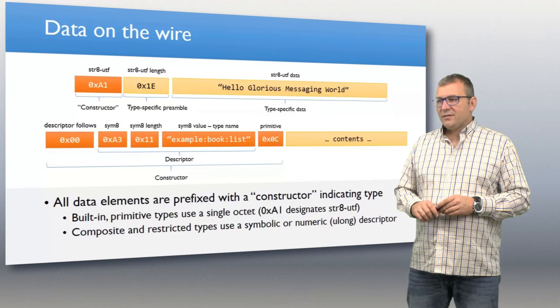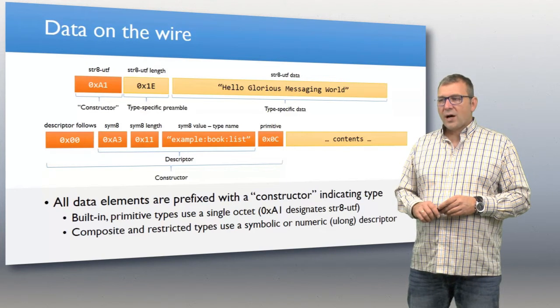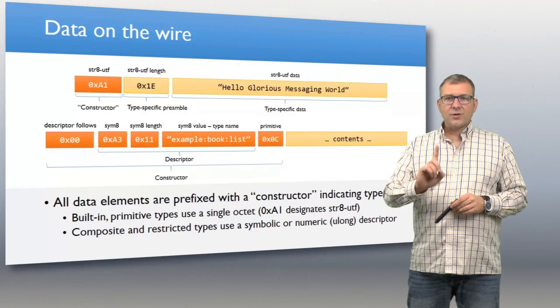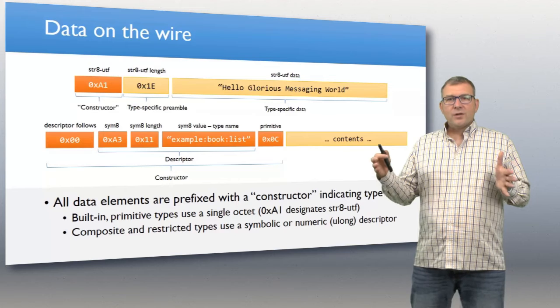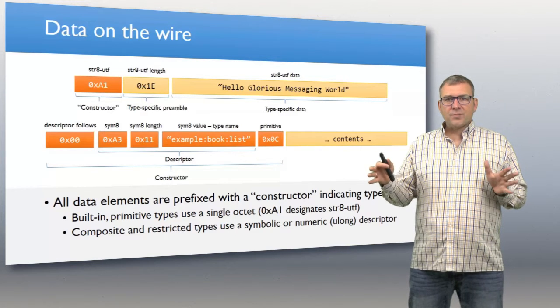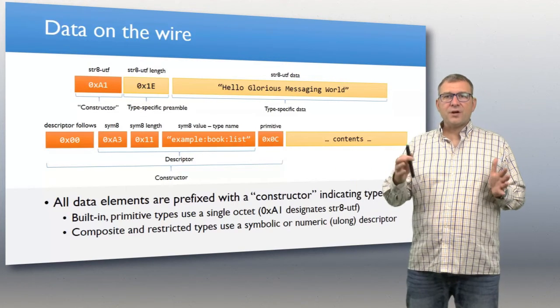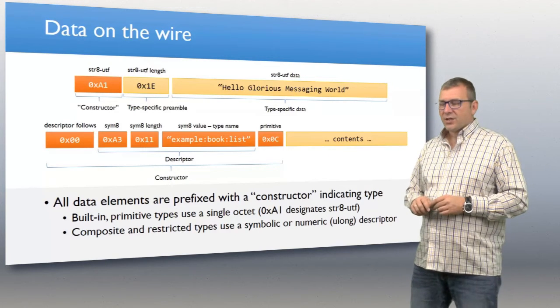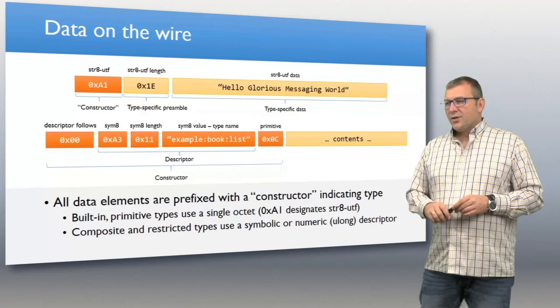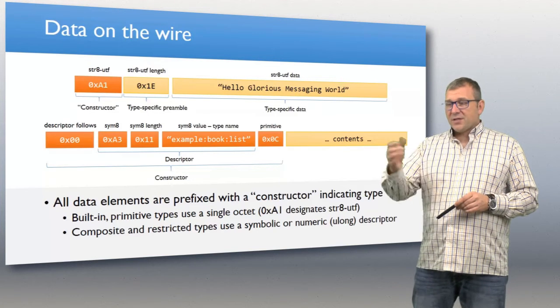Then underneath you have a more complex type. When you have a leading constructor of 0, that means a descriptor follows, and a descriptor reference is a type definition. The reference is typically one of those schema definitions that I showed you earlier. The descriptor is expressed here as a symbol.